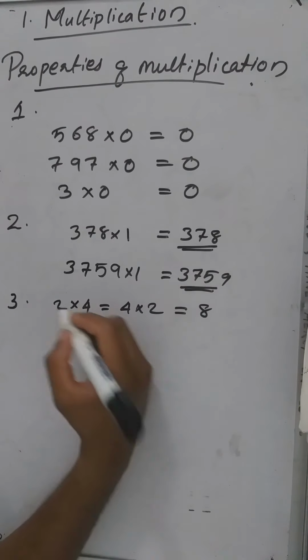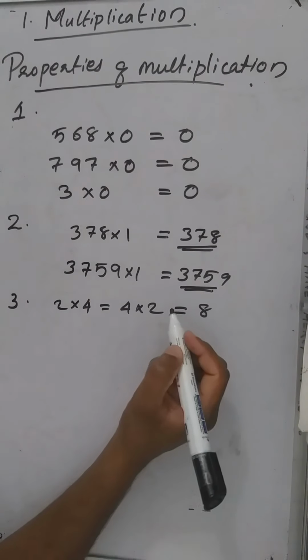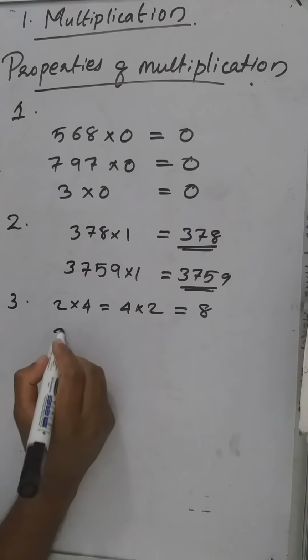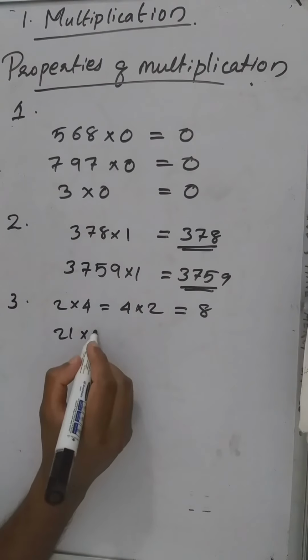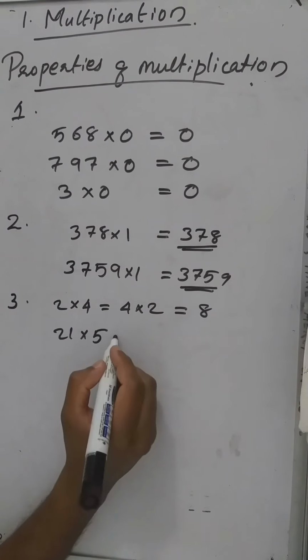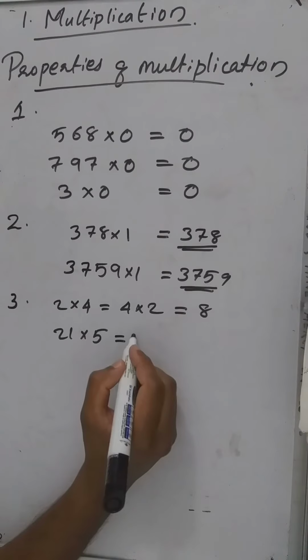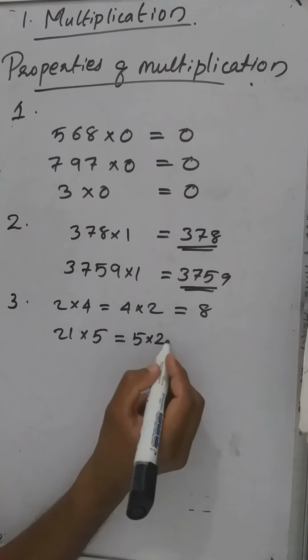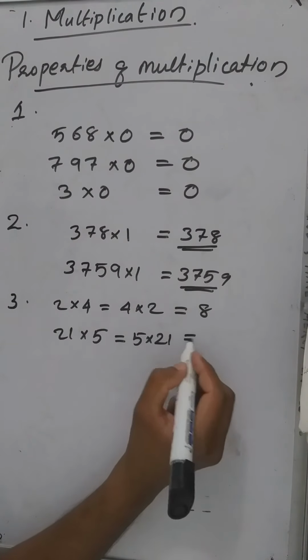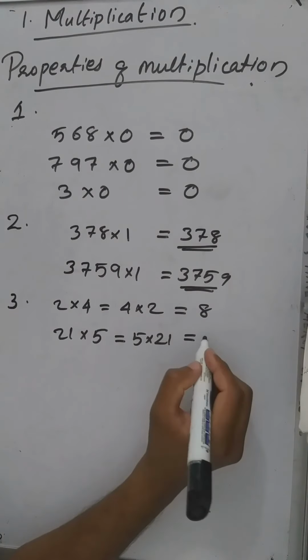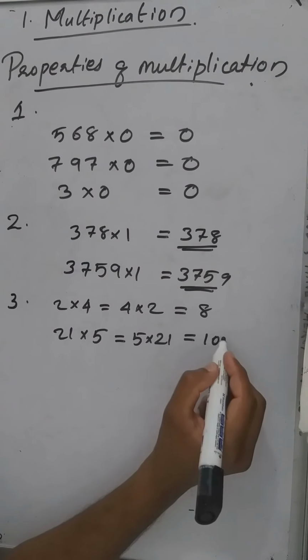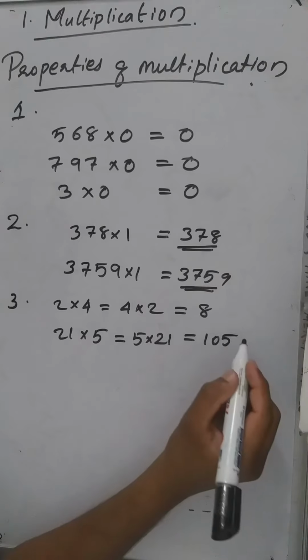We know that 2 4s are 8 and 4 2s are 8. Similarly, we can say that 21 into 5 is equal to 5 into 21, which is equal to 105.